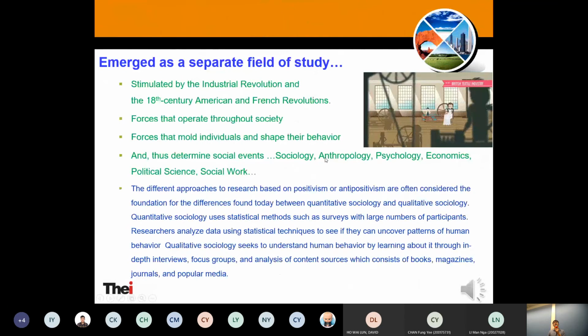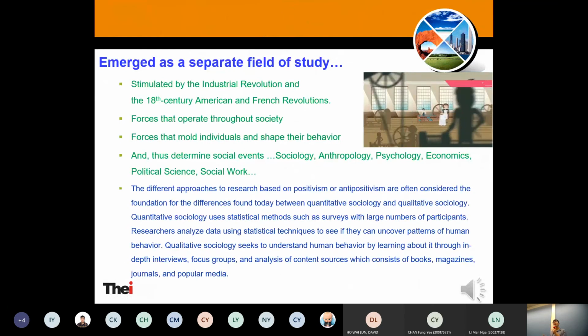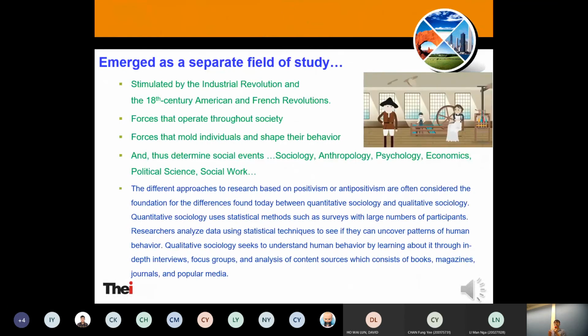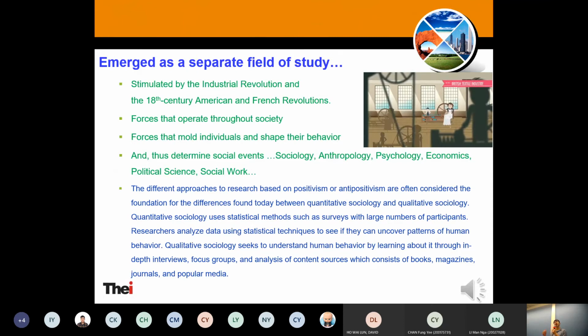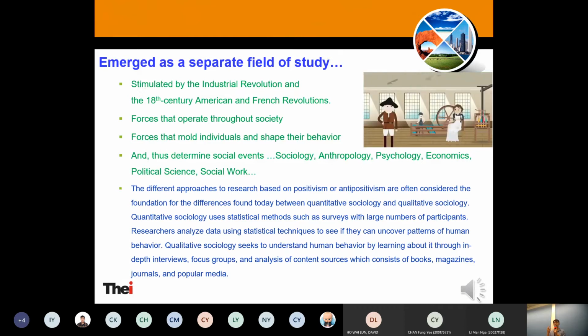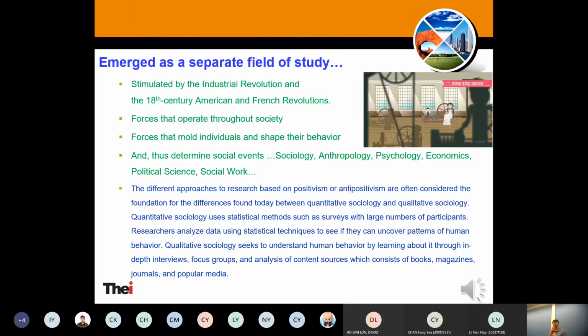But in fact, when we talk about the emergence of sociology, once again, as we mentioned, it came up with the new situation, the industrial revolution.